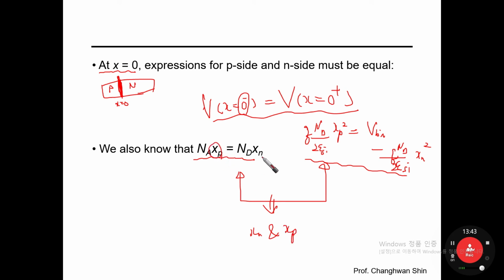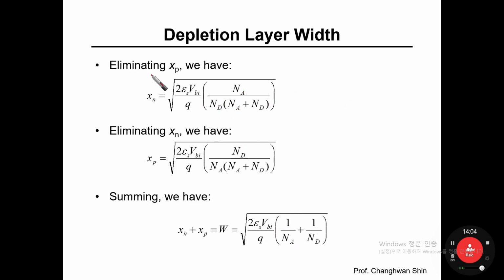So xn and xp are variables, Na and Nd are constants, q we know, and the dielectric constant we know, VBI we know once we know the doping concentration, right? So two unknowns and two equations, so we can solve it. Okay, so please do that by yourself, and the answer can be found here, xn and xp. So we're almost done.